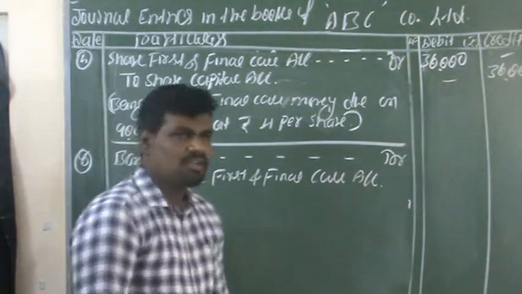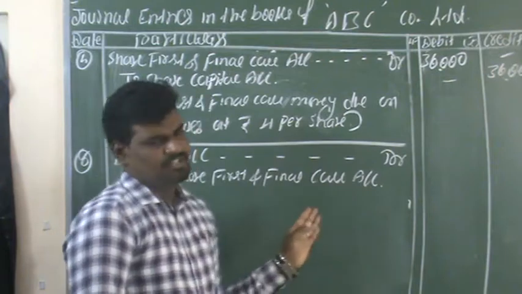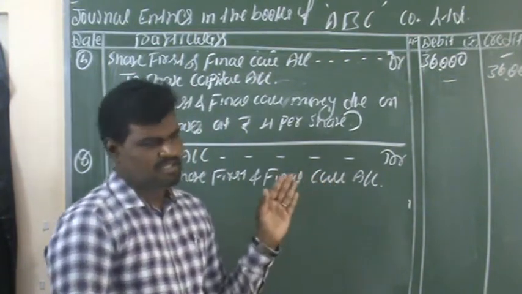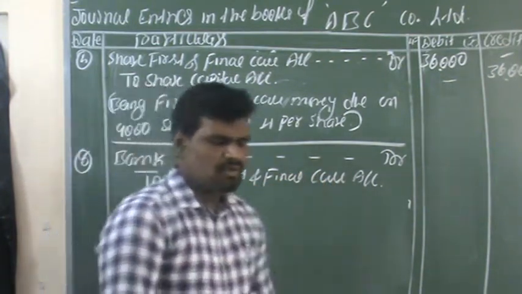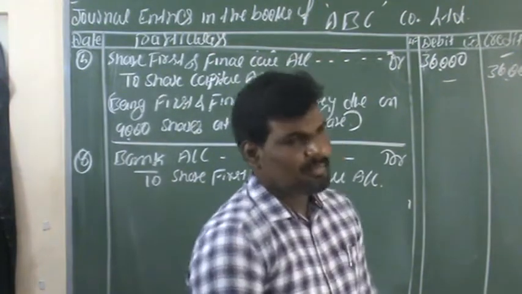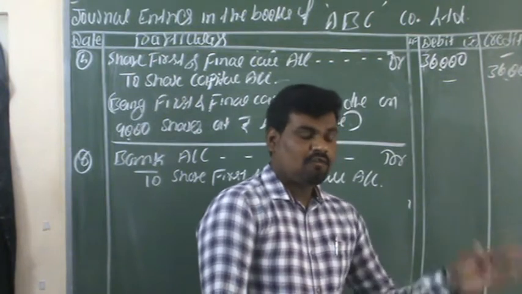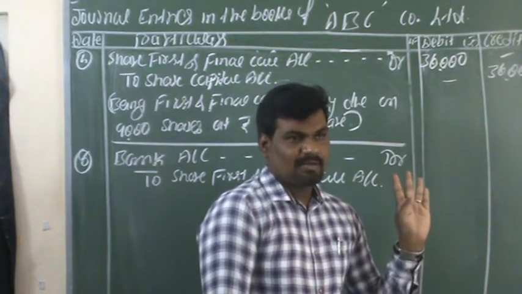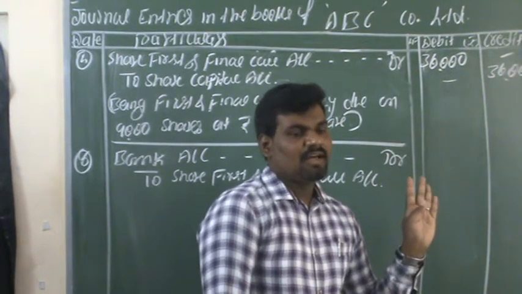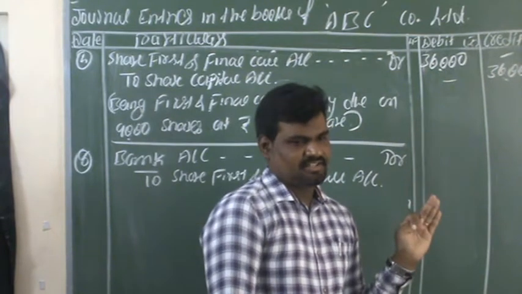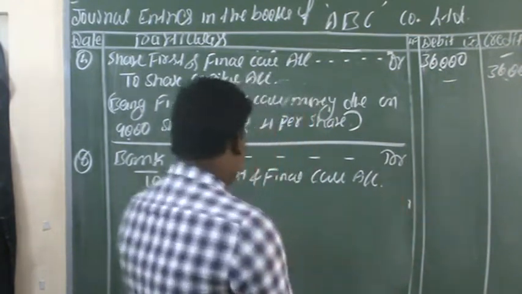Right? So as per the given information, all the money was duly received except the first and final call on 400 shares. At the time of the first and final call, we are not receiving on 400 shares.